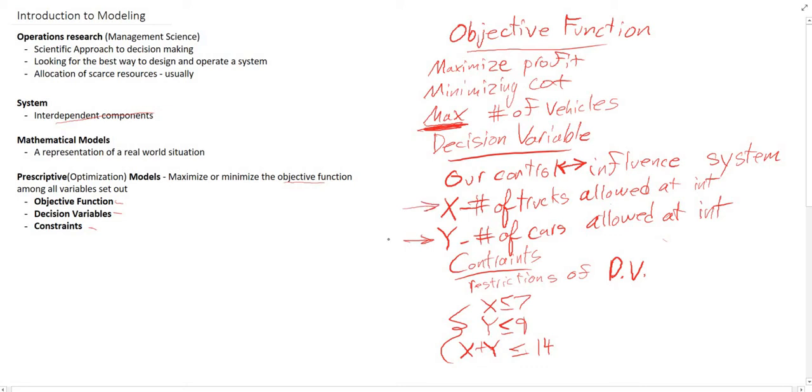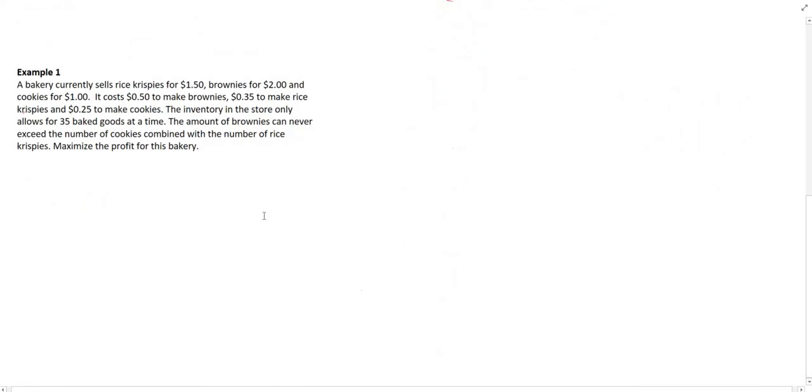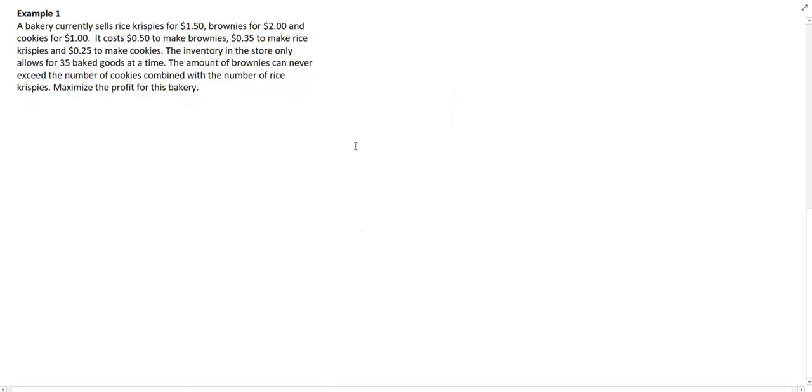Now we're going to go and look at another example. Here we can see a bakery currently sells Rice Krispies for $1.50. It sells brownies for $2 and cookies for $1.